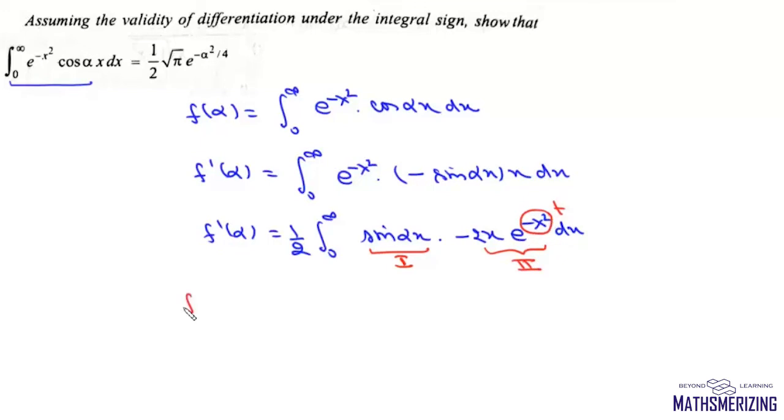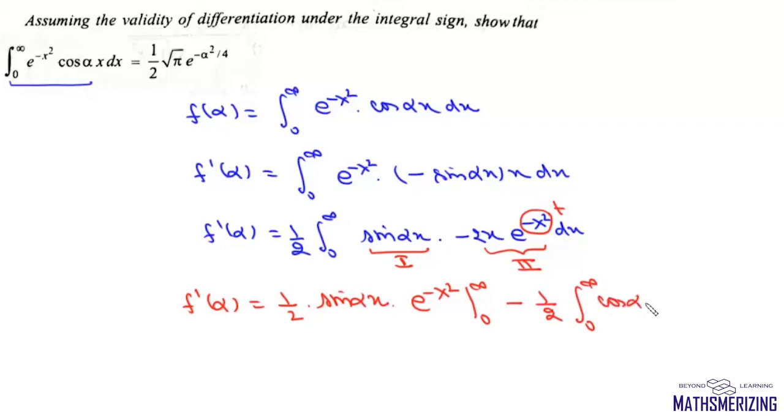So we can write f dash alpha as 1 by 2, sin alpha x as it is, and then e to the power minus x square from 0 to infinite, and then minus 1 by 2, this integral from 0 to infinite. Now the derivative of sin alpha x is cos alpha x into alpha, and here it will be e to the power minus x square dx.